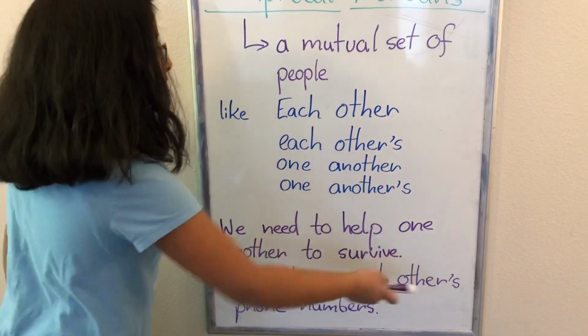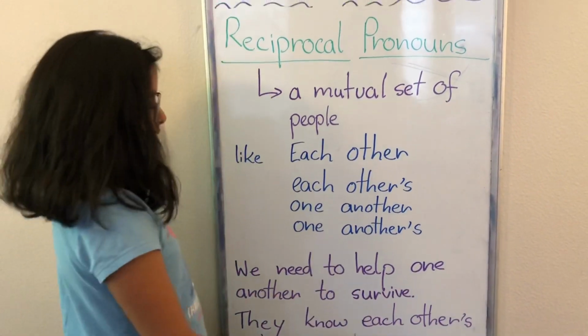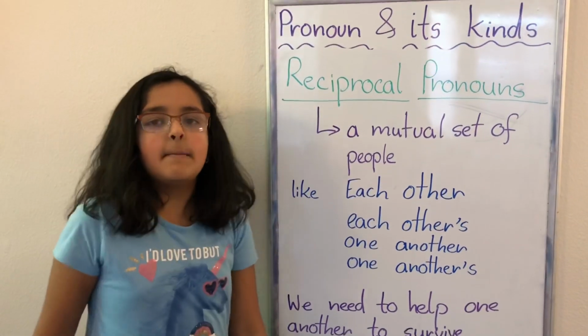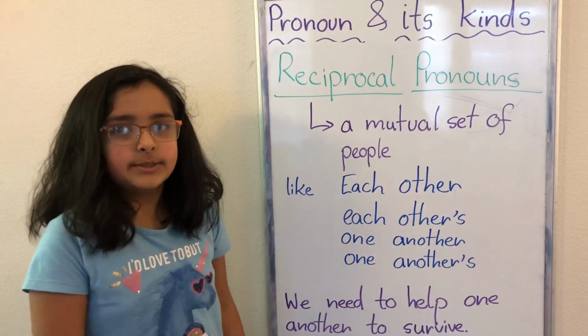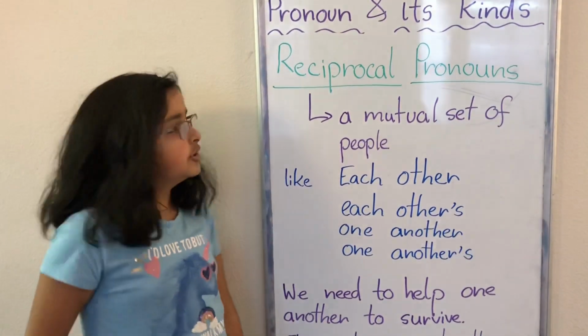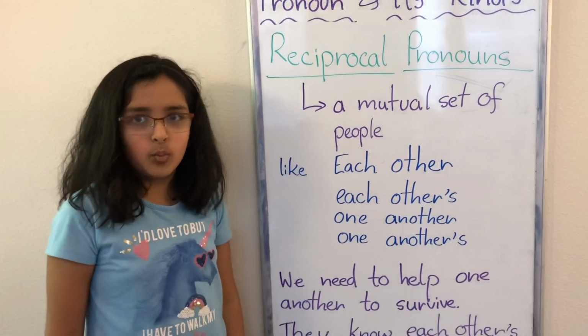They know each other's phone numbers, so each other's is the reciprocal pronoun. And it's not on here, but another example could be, they can identify each other, so each other would be the reciprocal pronoun in that one.